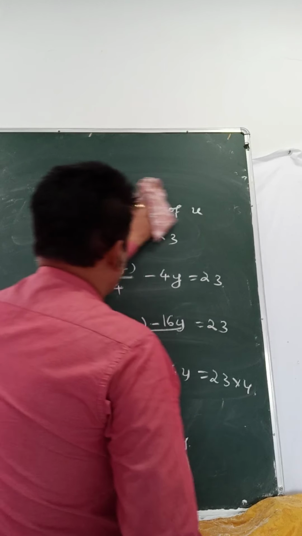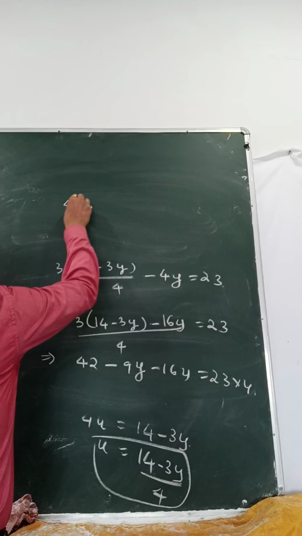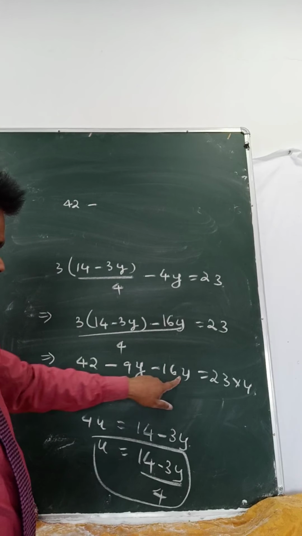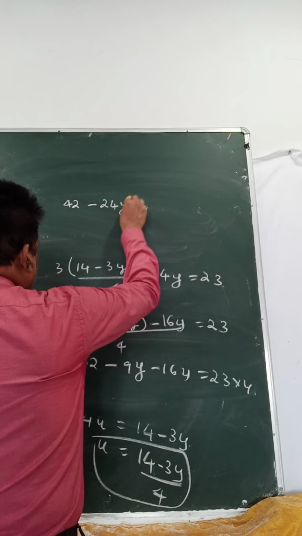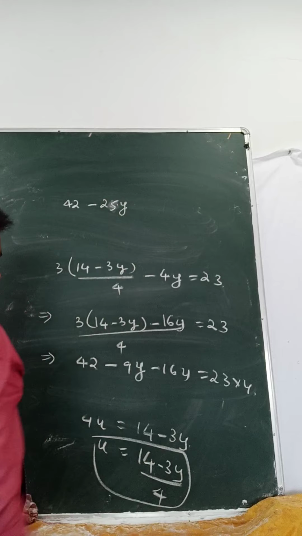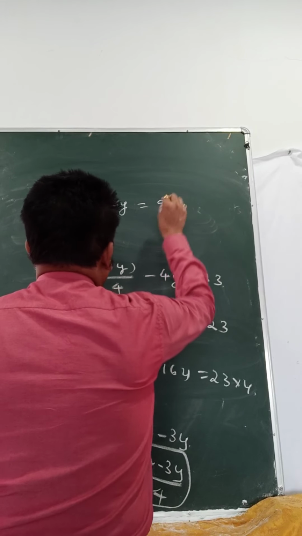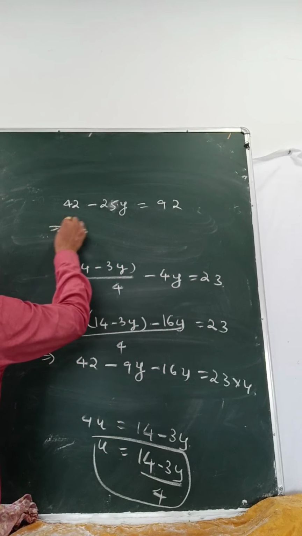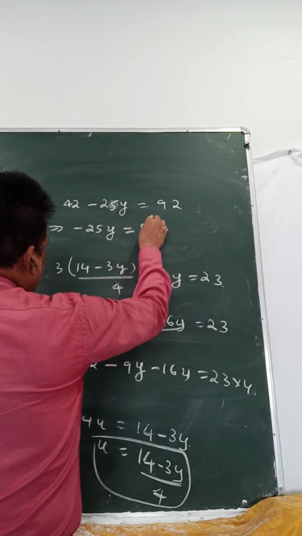Then 42 minus 9y minus 16y, minus 25y equals 92.